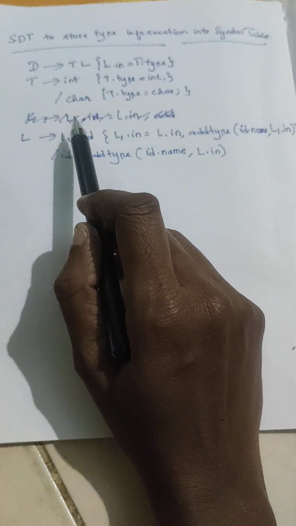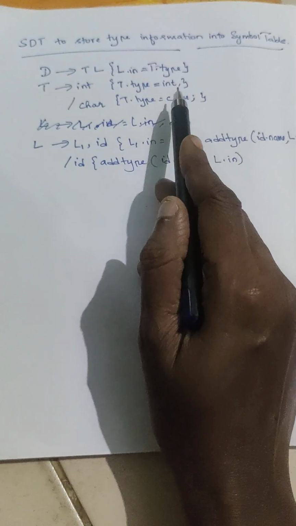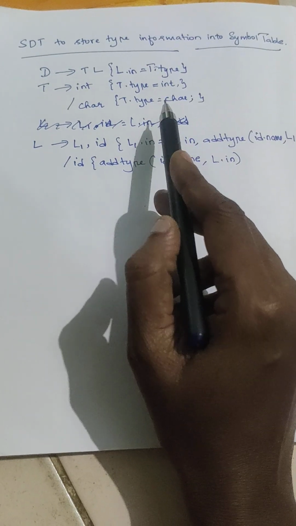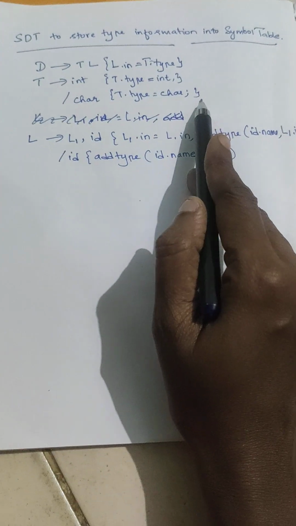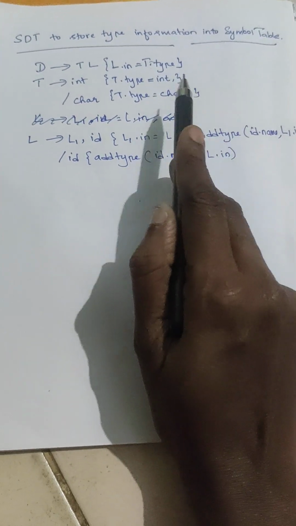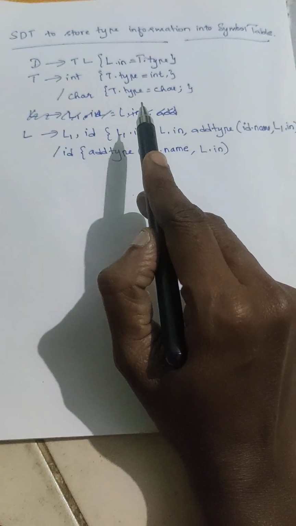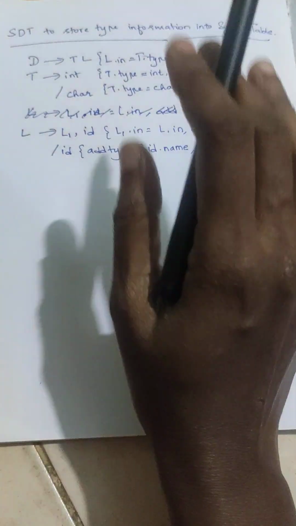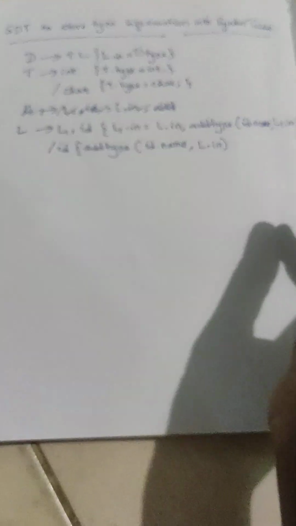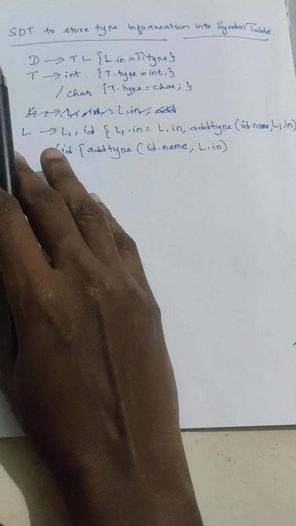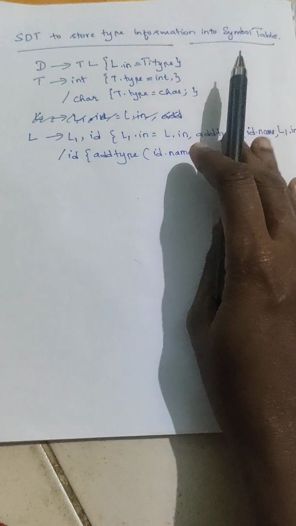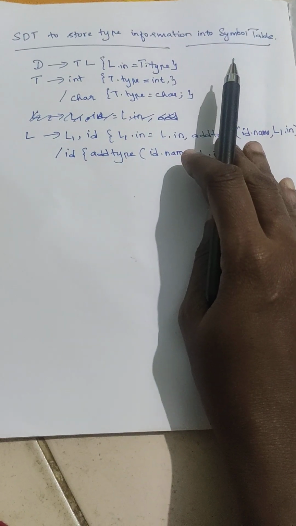So whatever we have told this grammar to perform along with this SDT is only performed. So no confusion in that. SDT actions are different from the productions. It is related, but we can't say what the production does should be implemented in SDT also.